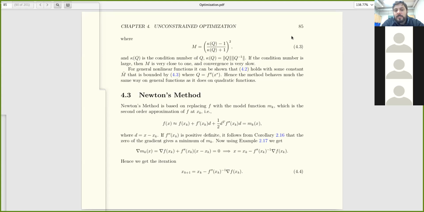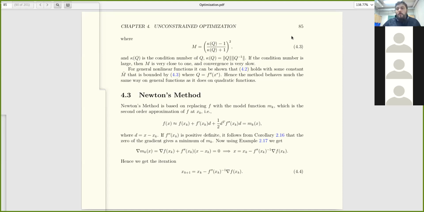And we set this approximation of the gradient to 0, then we can solve for x. It's simply xk, the current point, minus the inverse of the Hessian times the gradient of f at xk. So in this iteration, we can find the next point, which is the critical point of mk, by simply taking the point xk and going into the direction where we take the negative of the inverse of the Hessian times the gradient.